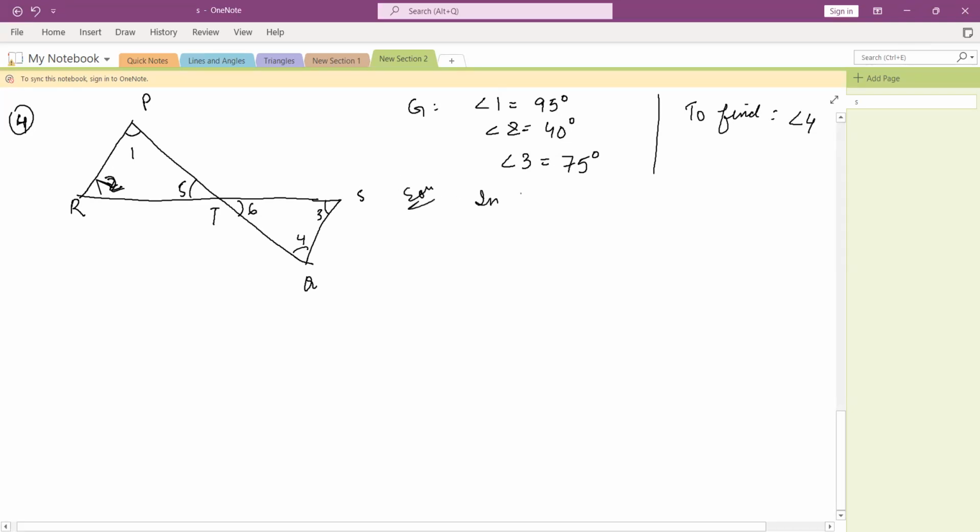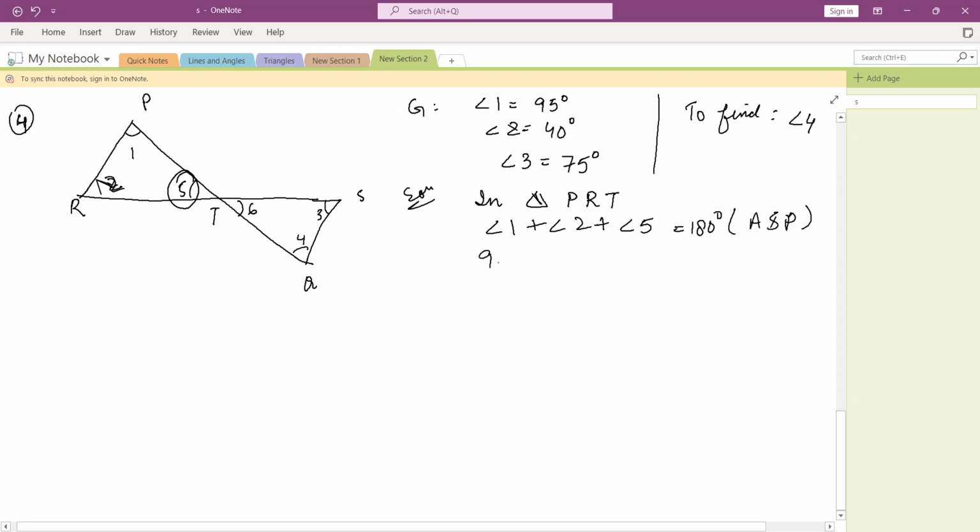Solution. So in triangle PRT, you already know the value of two angles, 1 and 2. You can find the third one, angle 5, right? So angle 1 plus angle 2 plus angle 5 is equal to 180 degrees. First of all, use angle sum property. I'm writing in short, ASP, angle sum property.